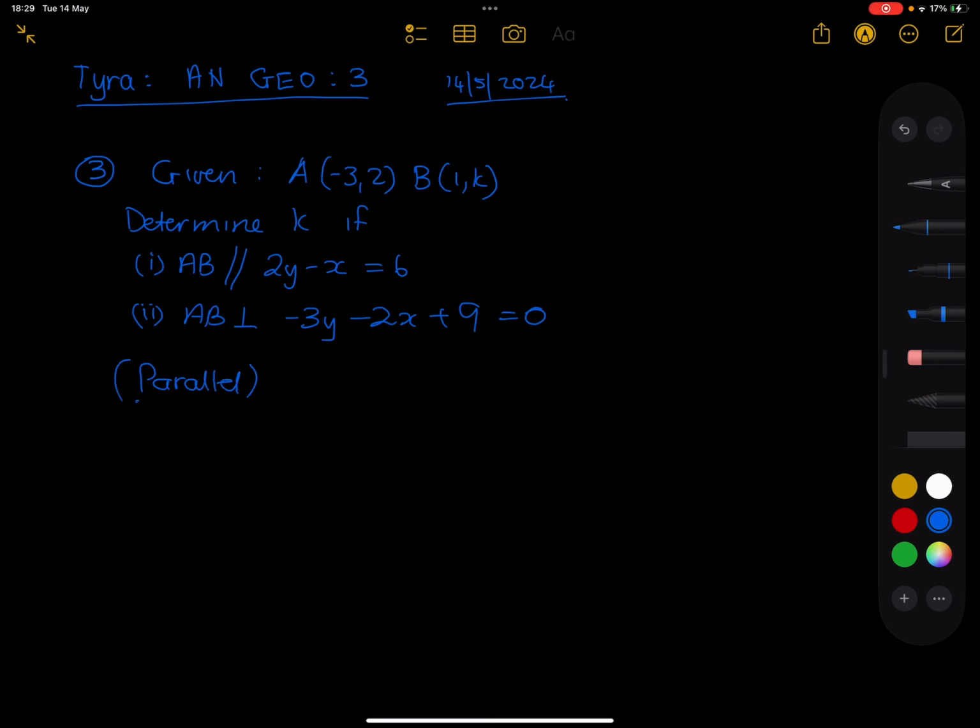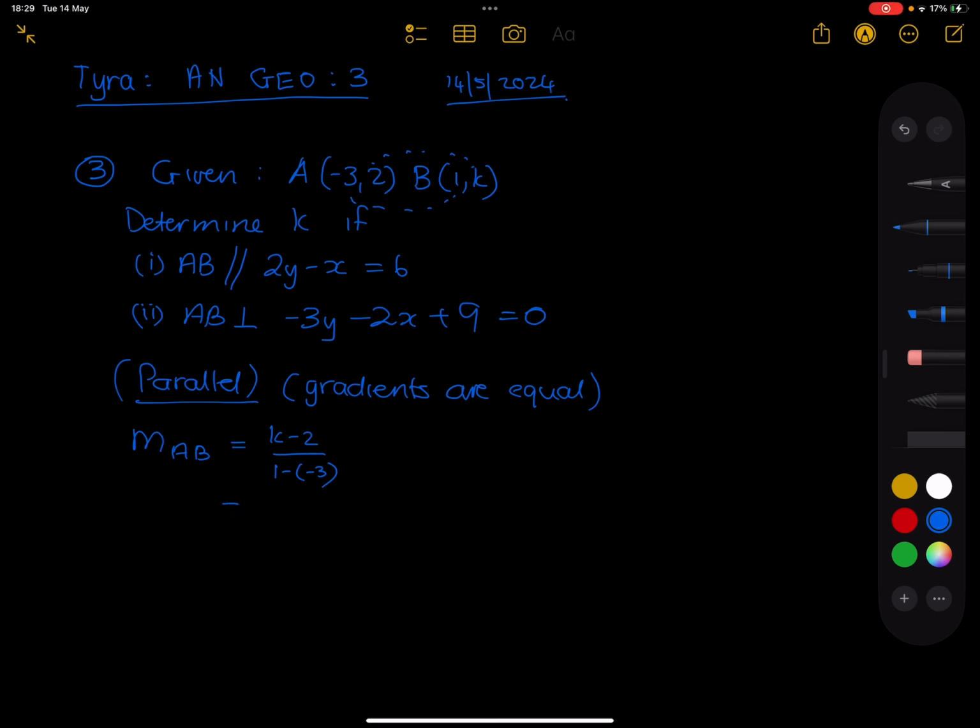You know, if it's parallel, gradients are equal. Right. Yes, ma'am. So now you have the gradient of AB. That is now K minus 2 over 1 minus 3.